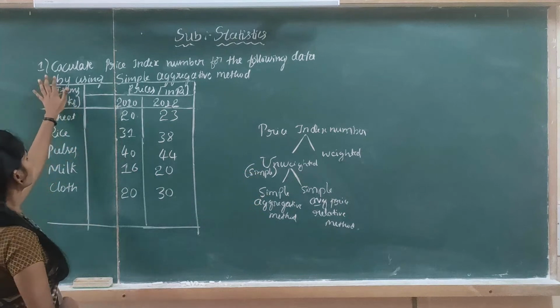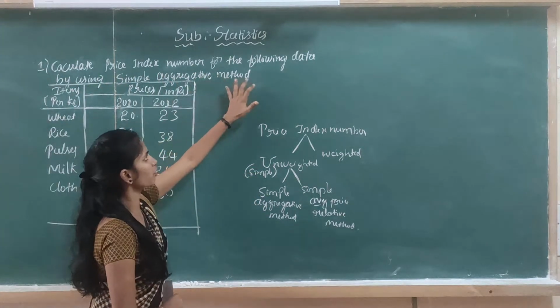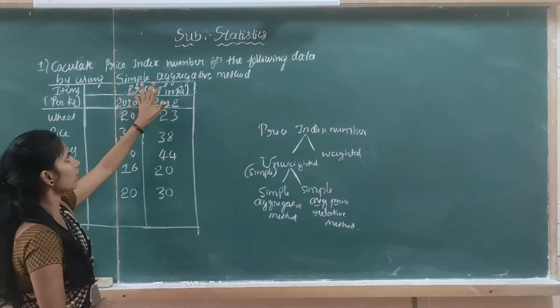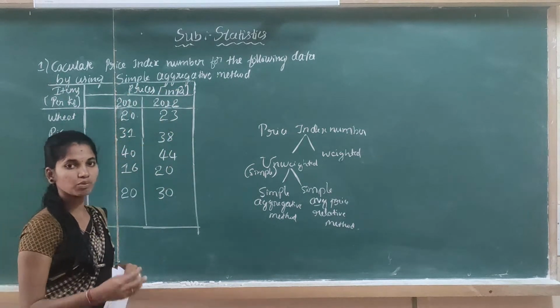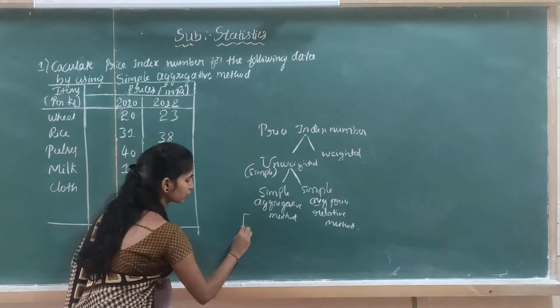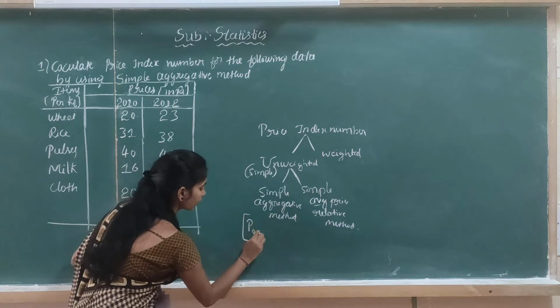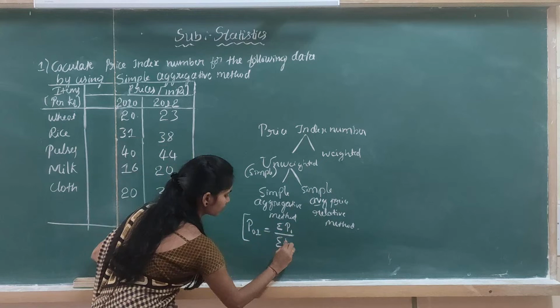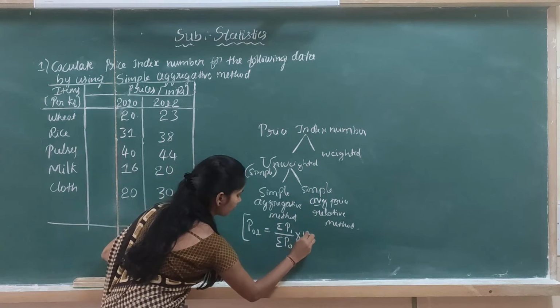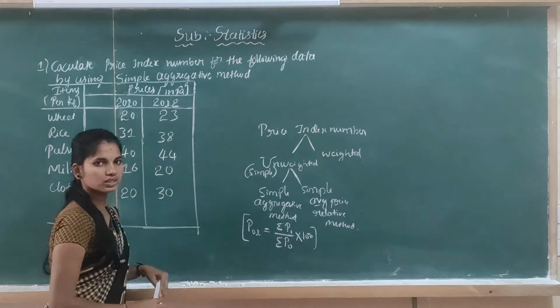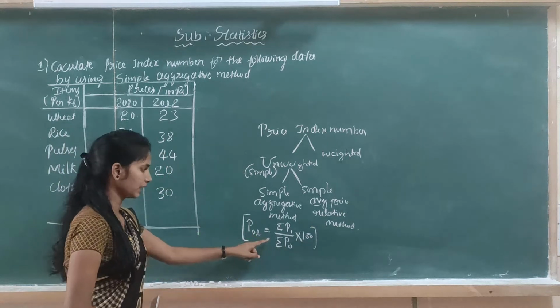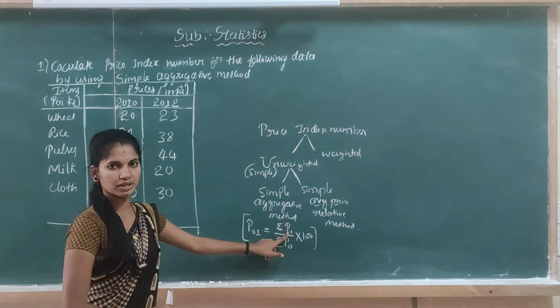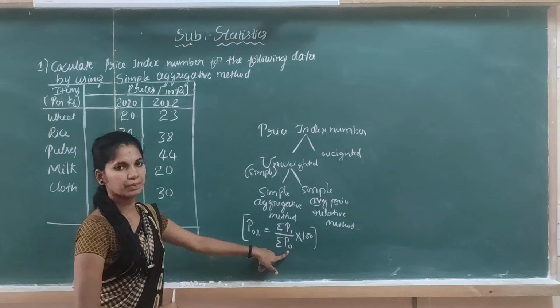Calculate the price index number for the following data by using the simple aggregative method. What is the formula for calculating it? P01 is equal to summation P1 divided by summation P0 into 100. For this formula we have to find out which is P1 and which is P0.